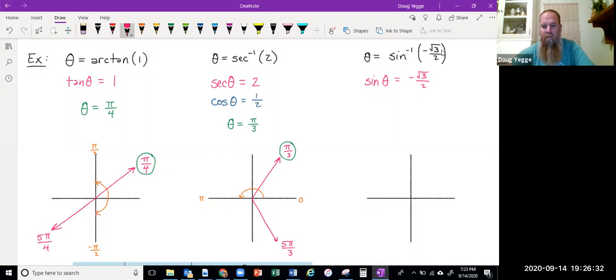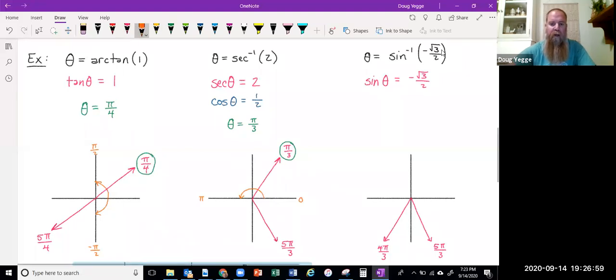So sine is going to be negative root 3 over 2 down here or down here. And we're not sure which one, but I do know that sine is negative root 3 over 2 at the angles with a reference angle of pi over 3. So the third quadrant pi over 3 angle is 4 pi over 3. The fourth quadrant pi over 3 angle is 5 pi over 3.